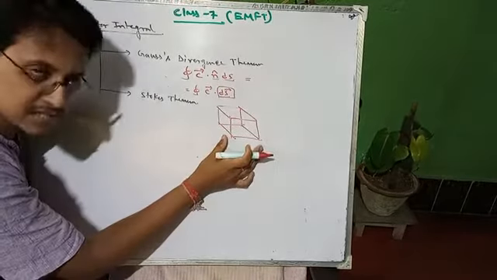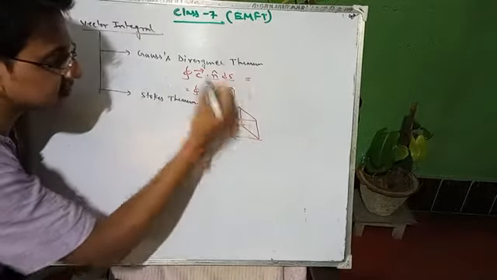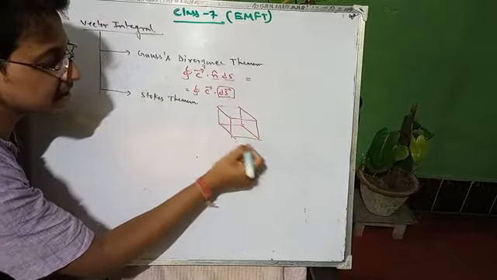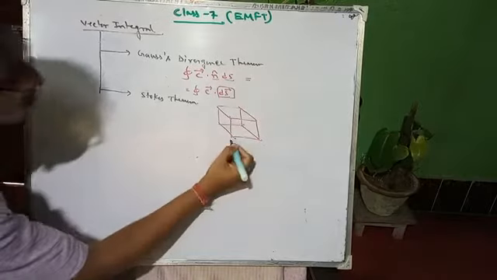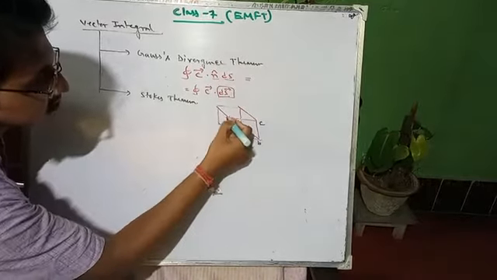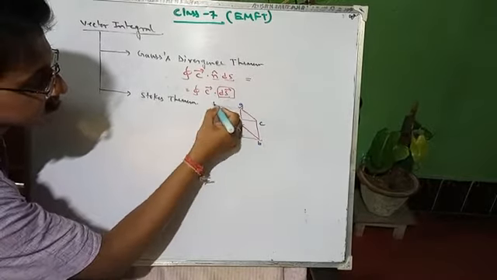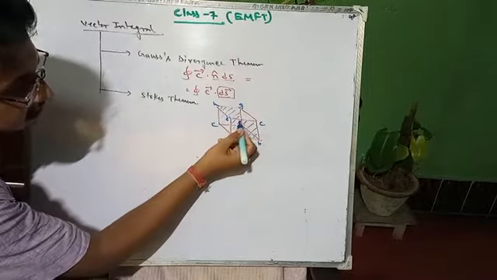Suppose this is a vector field, so it has 6 sides. Suppose this side is A, B, C, D, and the rear side is E, F, G, H.